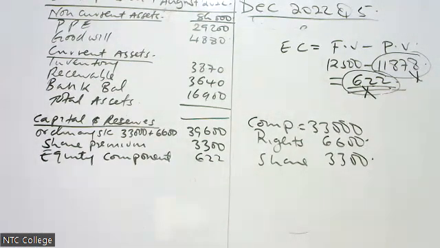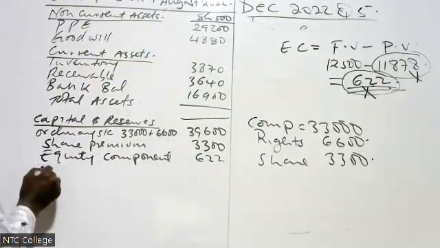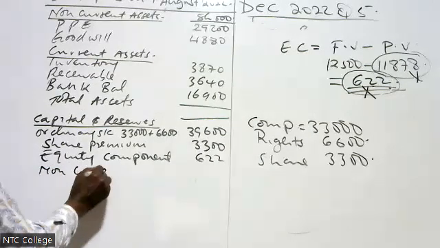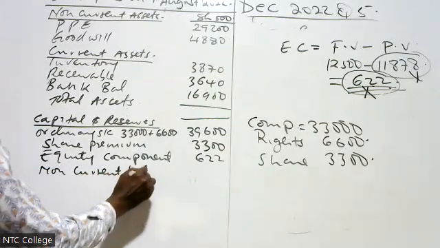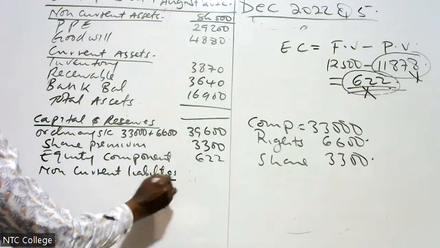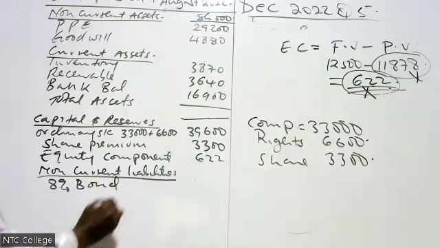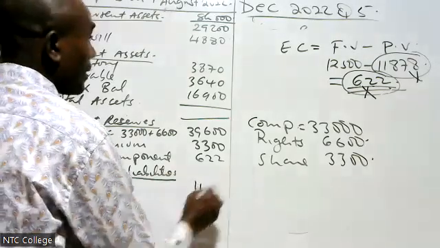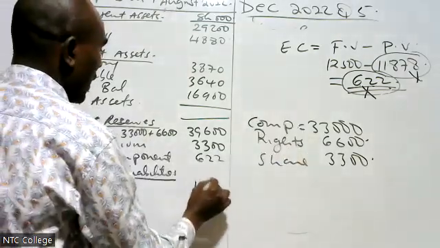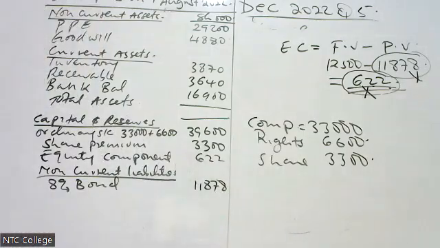Then we come to non-current liabilities, 8% bond, which is 11,878. We separated, you remember we separated.